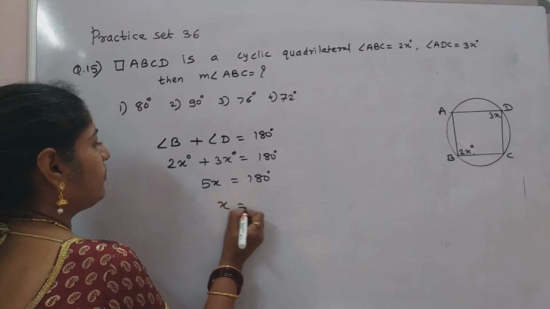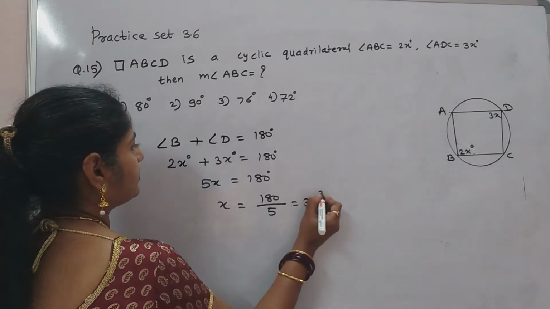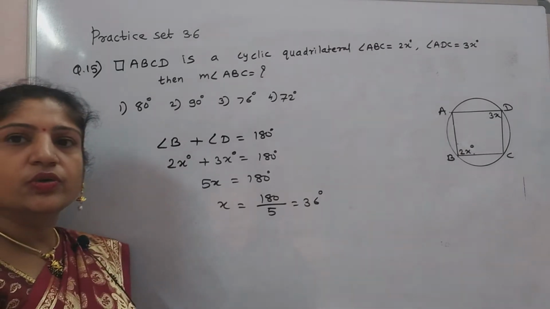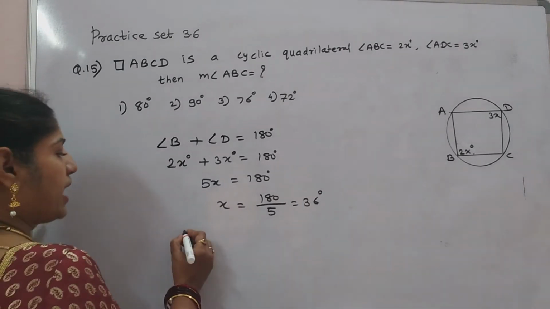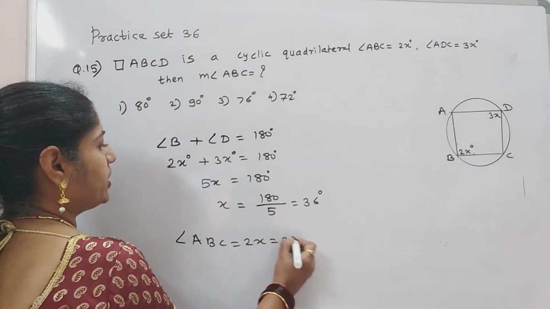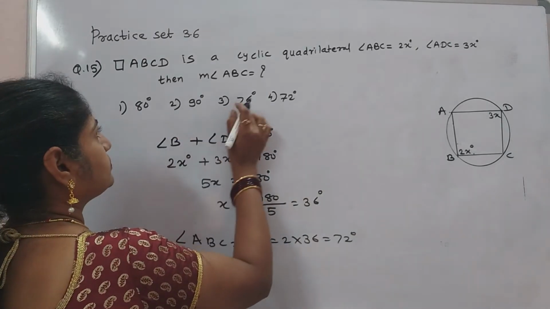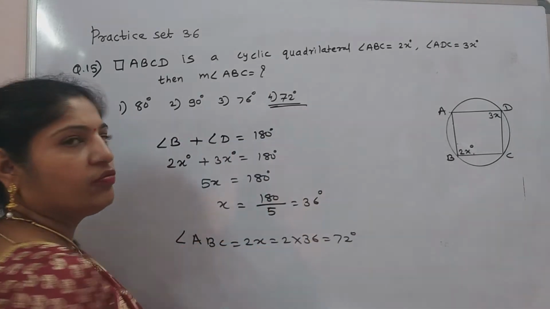So find the value of x. 180 divided by 5, 36. So x equal to 36. Now angle ABC equal to 2x, that is 2 into 36, 72. Option number 4.